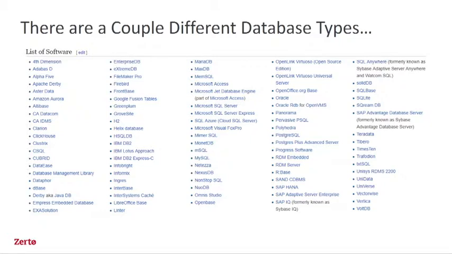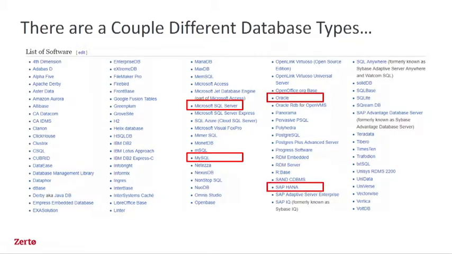So, I went ahead and pulled a list off of Wikipedia of the different databases. I guess there's lots of ways to make a wheel. Generally, the ones that we see: SQL Server, MySQL, Oracle, SAP. What I'll talk about today, though, can apply to any of them. Really what it comes down to is we don't see all of these, obviously.